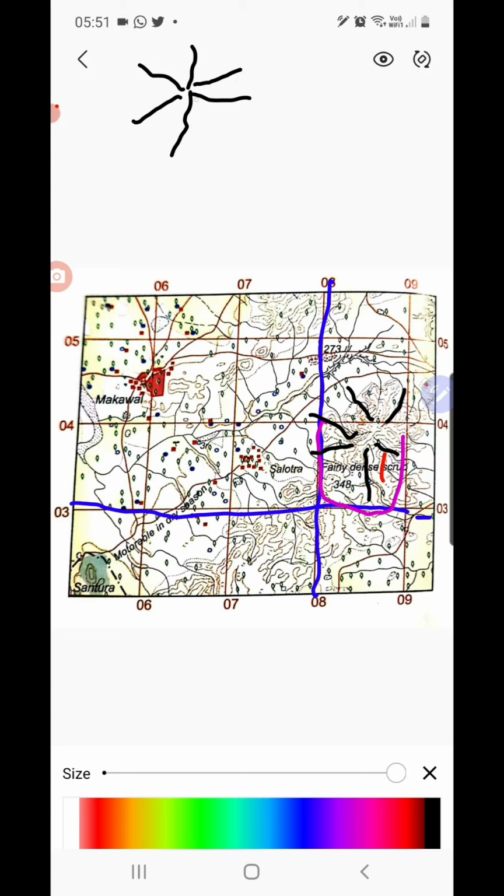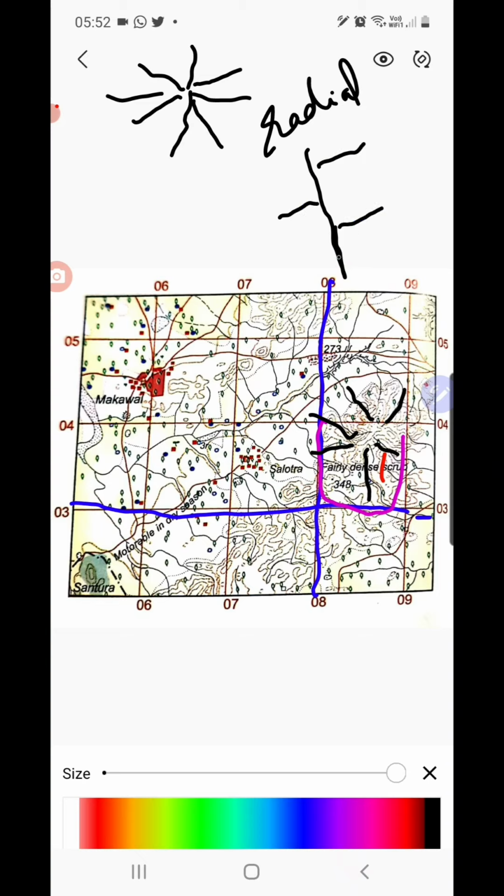Then another pattern is that, suppose this is a main stream and other streams are joining at a right angle with the main stream, then you can call it trellis. The third type of pattern is that it looks like a branch of a tree, then you can call it a dendritic pattern.